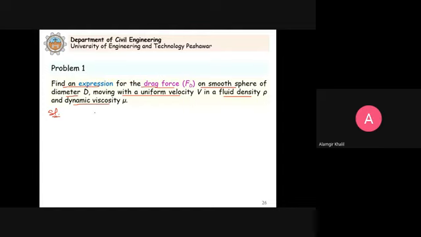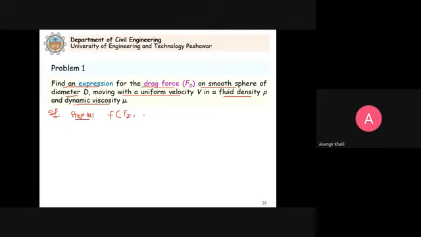So first, step number one is that we identify the parameters that are significant in any fluid problem. Luckily, because we are learning at this stage how to apply the method, the parameters are given to you. So this step is already done for you. Otherwise, if you are doing research and you do not have any theory for that, you have to identify the important parameters and solve the problem.